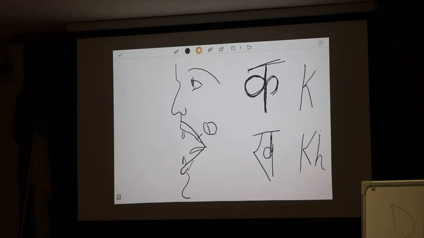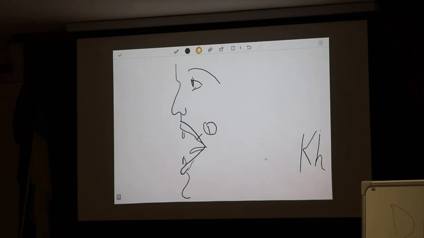And how do we write g? Look at the screen. The sound g.